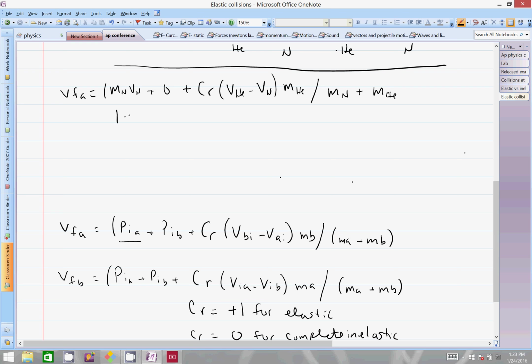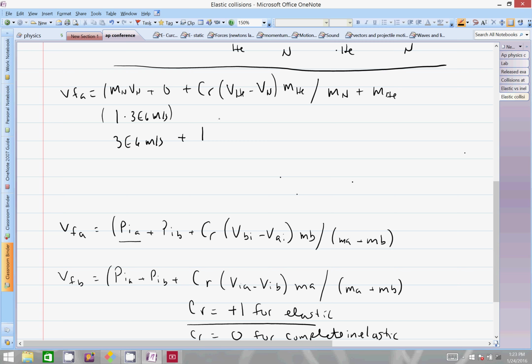Velocity is divided above, which is 3e to the 6th meters per second. So this whole thing ends up being 3e to the 6th meters per second, plus 1, because it's an elastic collision.